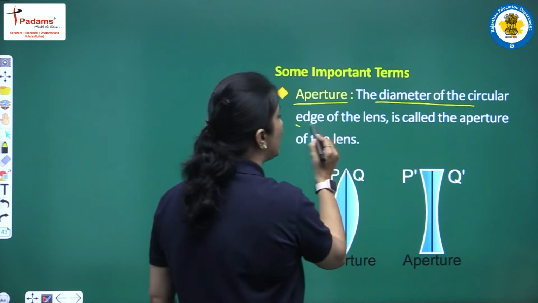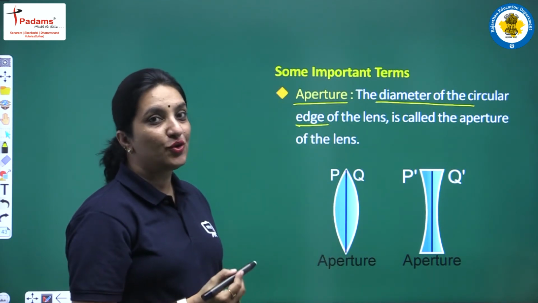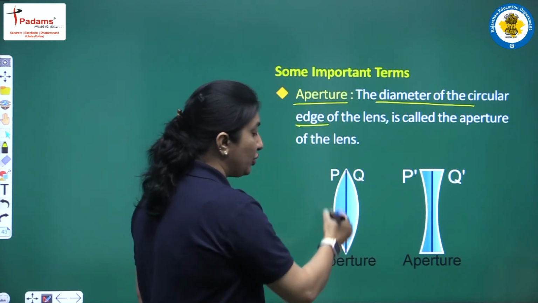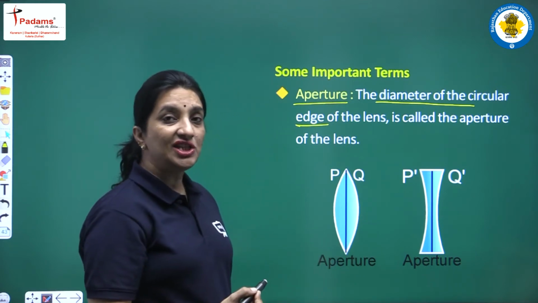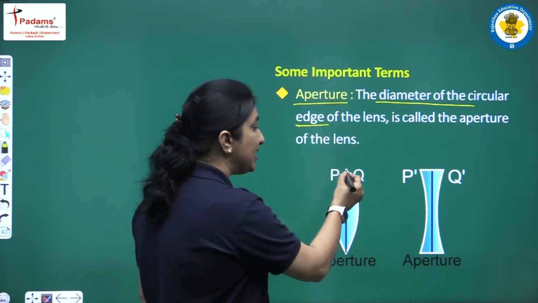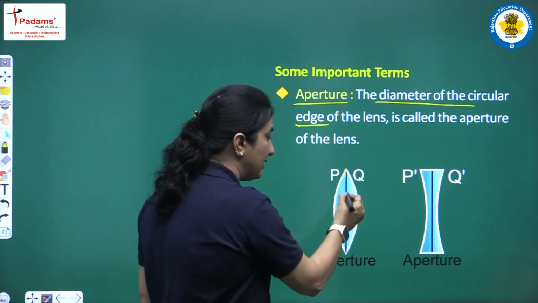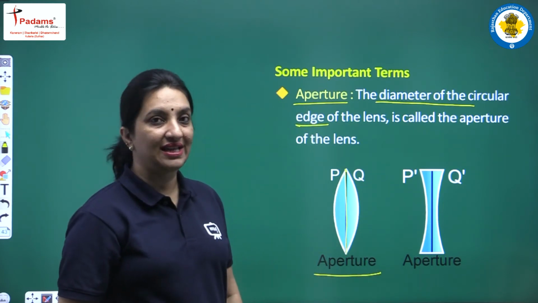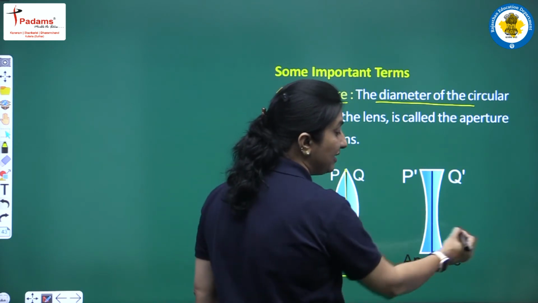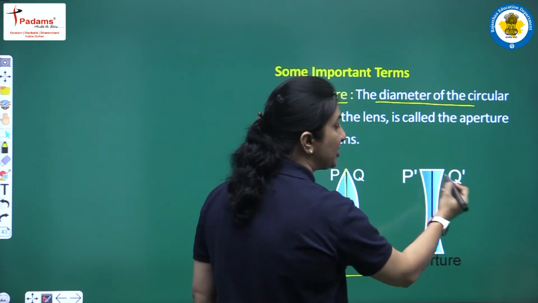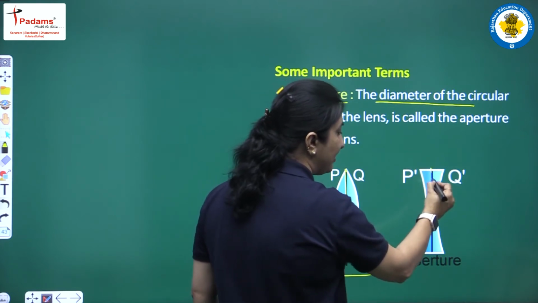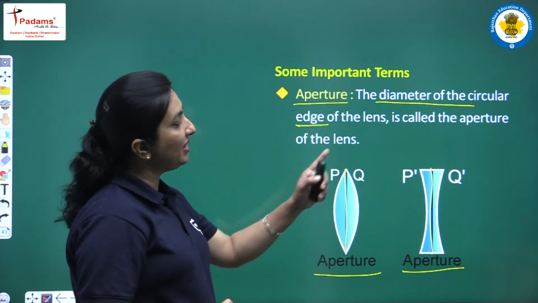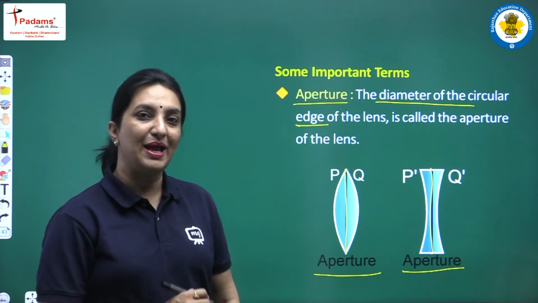For a convex lens having two surfaces P and Q which are convex in nature, bulging outwards, the diameter which I have shown by a black line is known as the aperture. Here again, this is a concave lens having two surfaces P dash and Q dash, and this is the aperture for the concave lens. So the diameter of the circular edge of the lens is known as aperture.